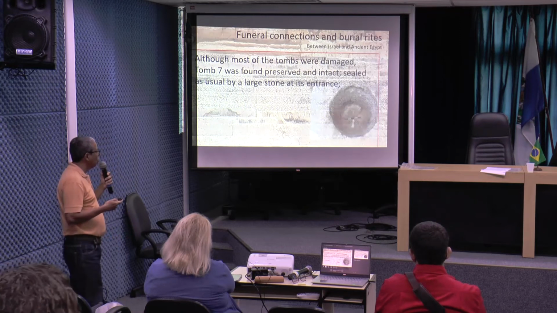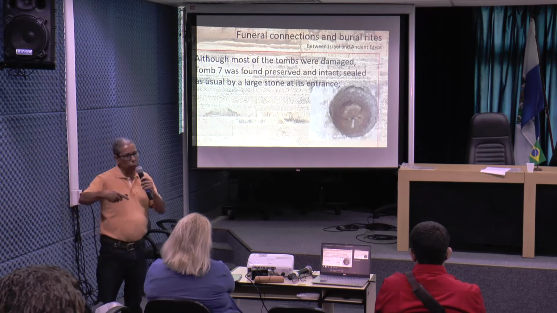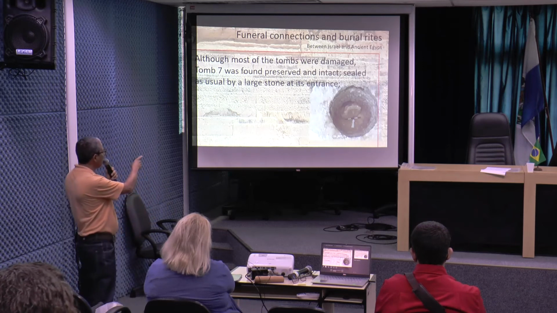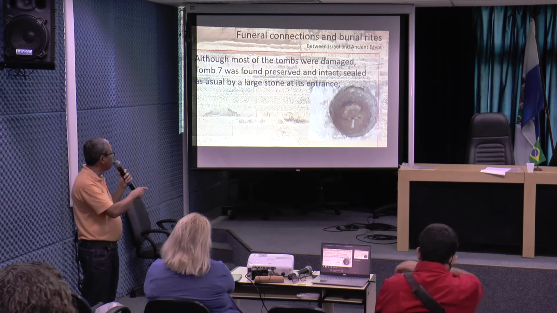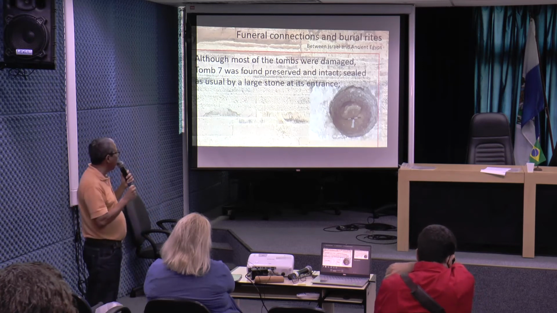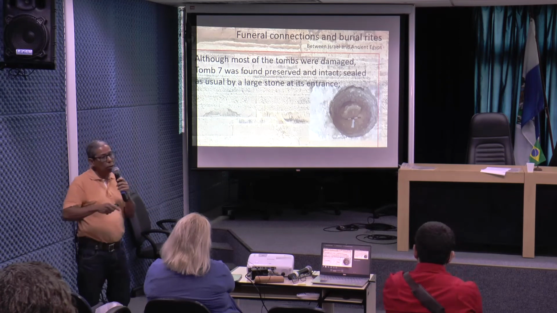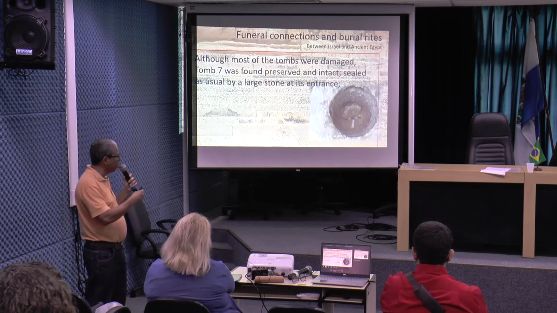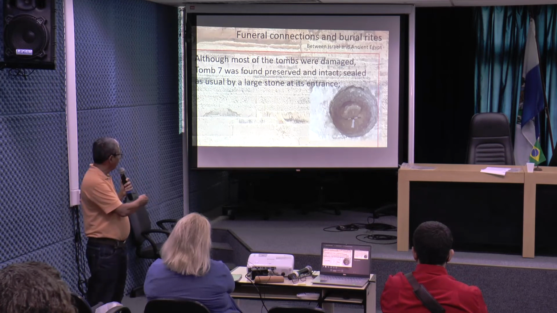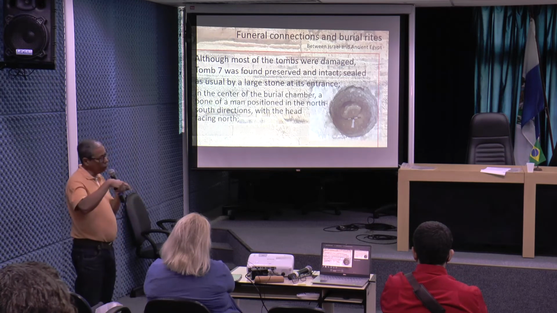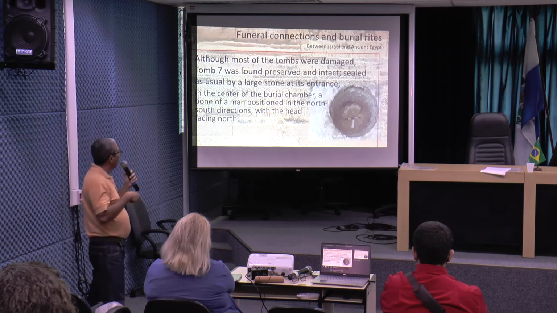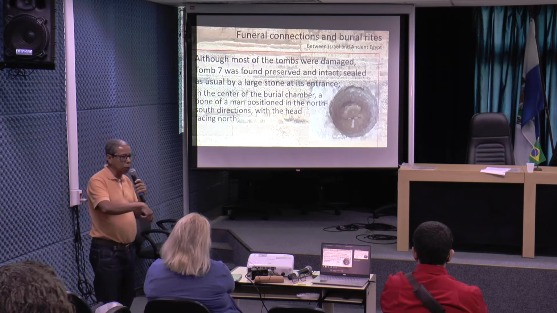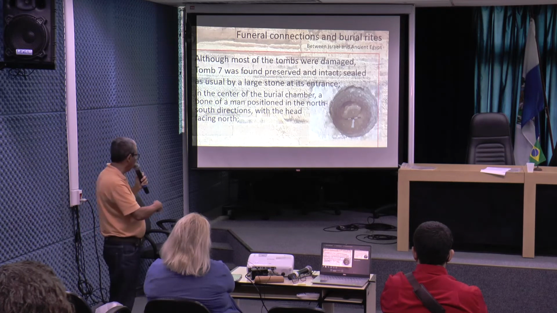Although most of the tombs were damaged by the expansion of Nemaha town, tomb number 7, look at this, was found preserved and intact, sealed as common by a great stone at the entrance. In the center of the tomb was found the bones of a man positioned to the north.